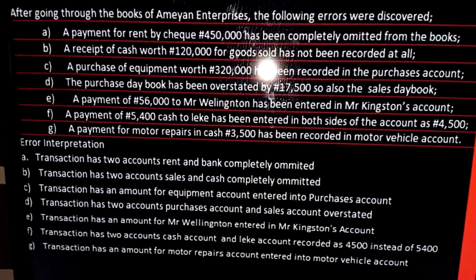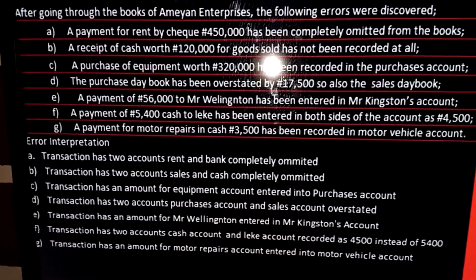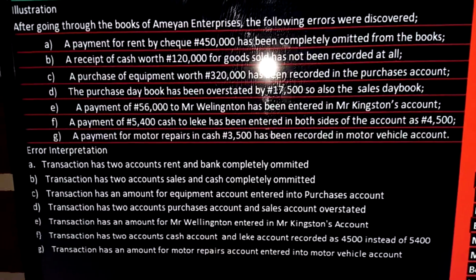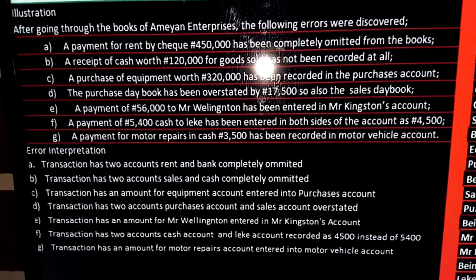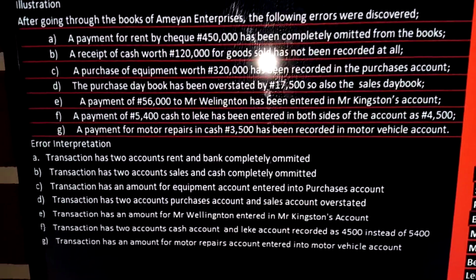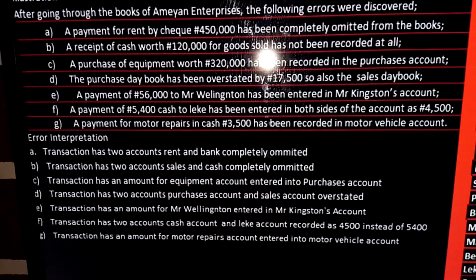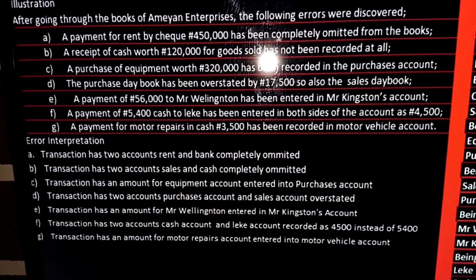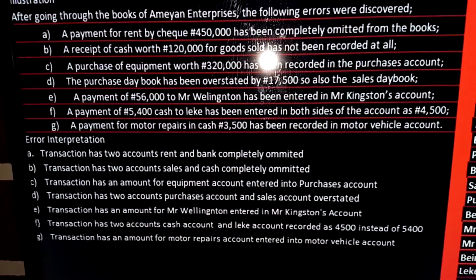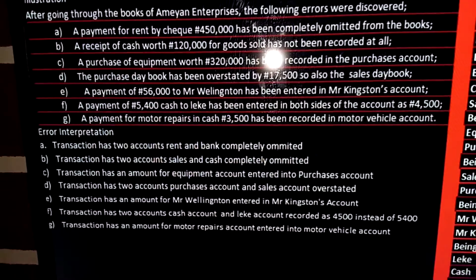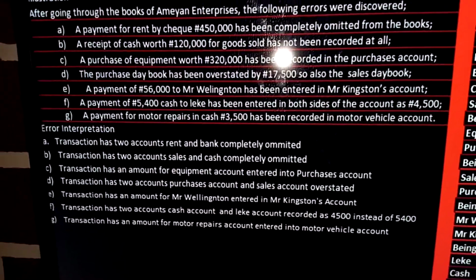We received cash for goods sold. So there are two accounts there, cash account and sales account. Cash is an asset. Sales is an income. We received cash. Cash is increasing, so cash will be debited. Sales is an income increasing, to be credited. So we have the entries. Because they are omitted, it means they were not recorded at all.